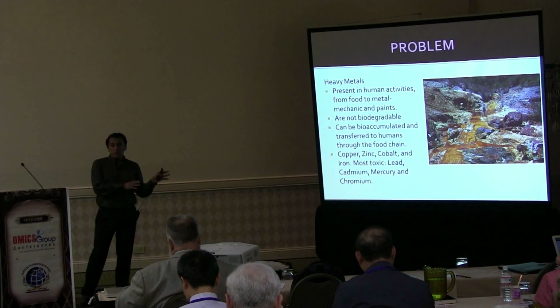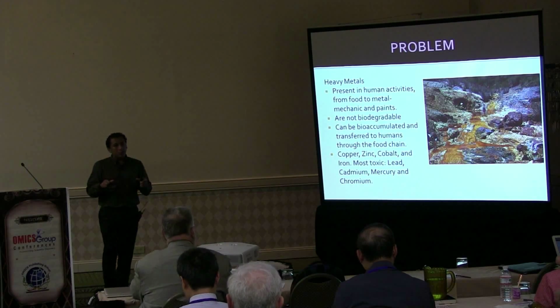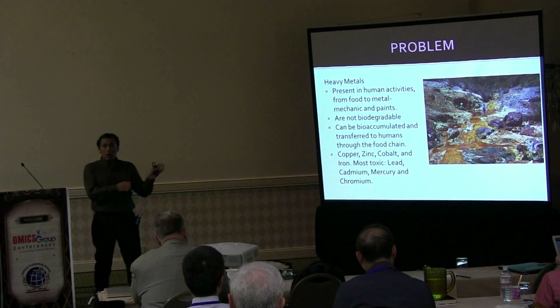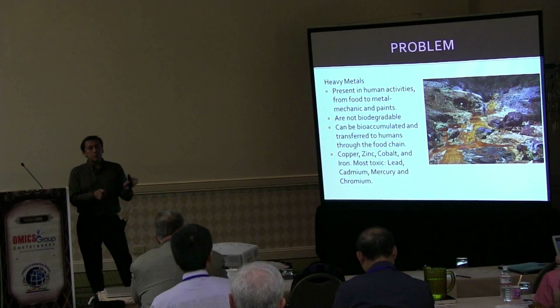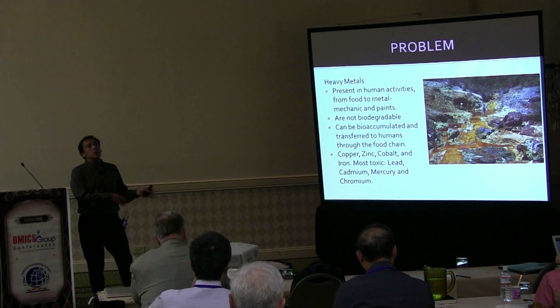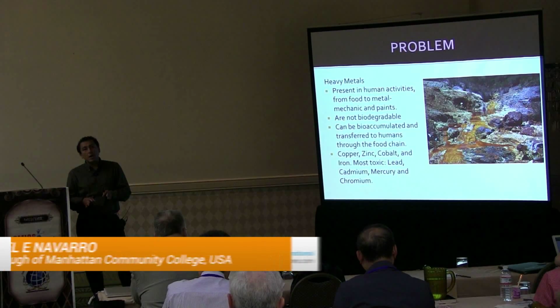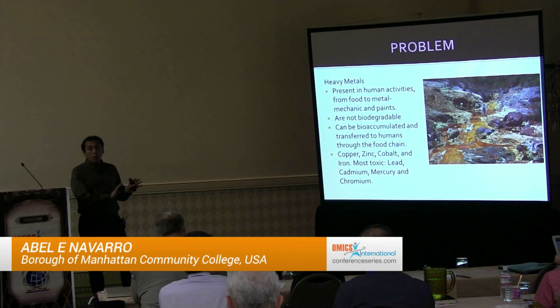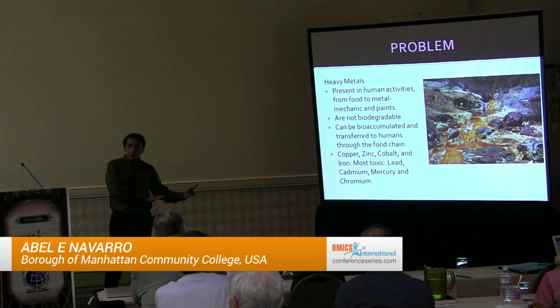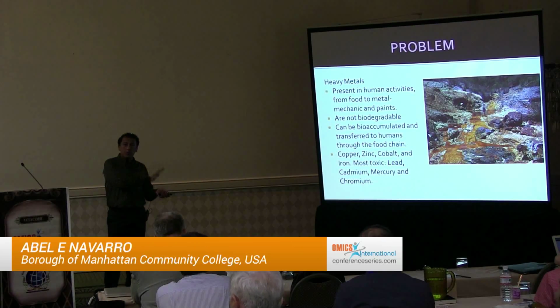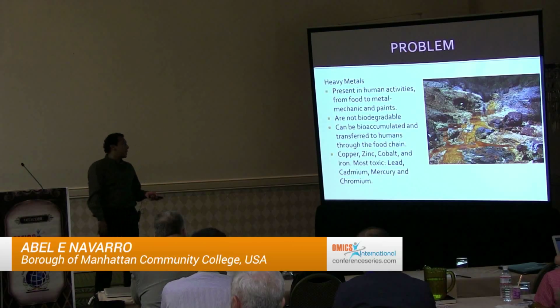We started with heavy metals because they're still one of the most important pollutants and a huge concern. Later on, I will show you how we are taking care of some emerging pollutants like antibiotics, and right now we're also trying to see how we can clean phenolic compounds, moving more towards the organic side. But first we're going to show you the heavy metals, which are our preliminary data from the beginning.